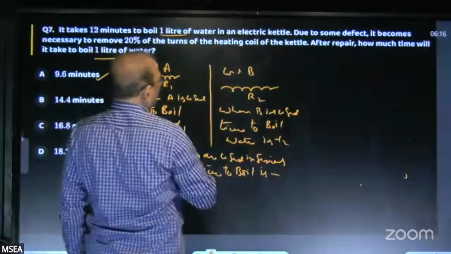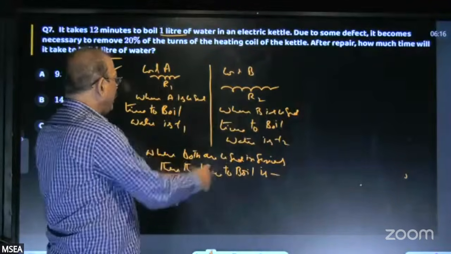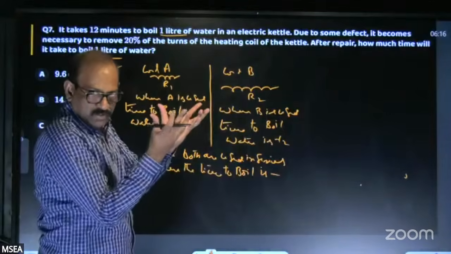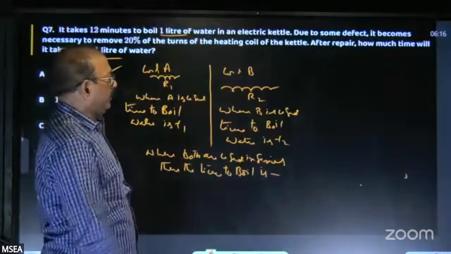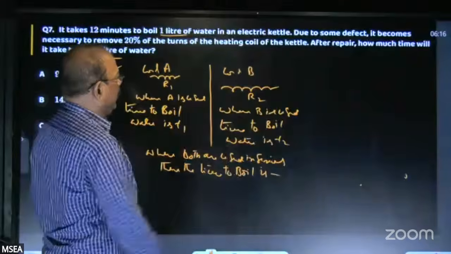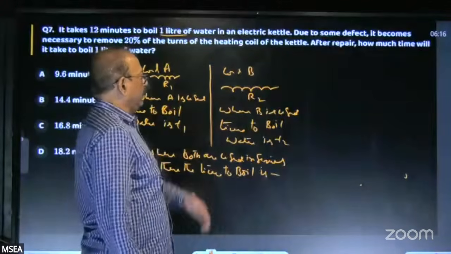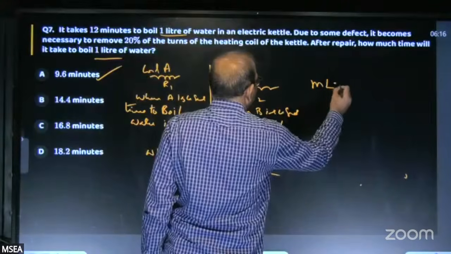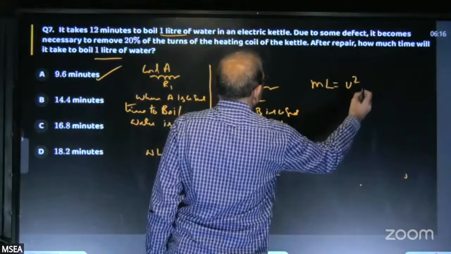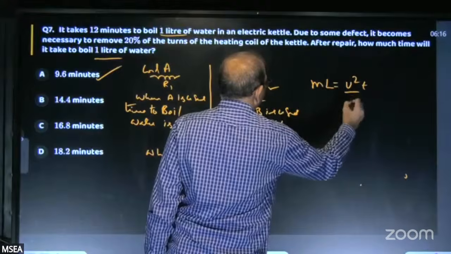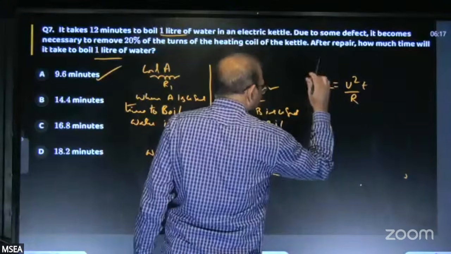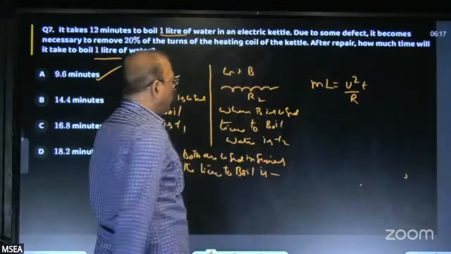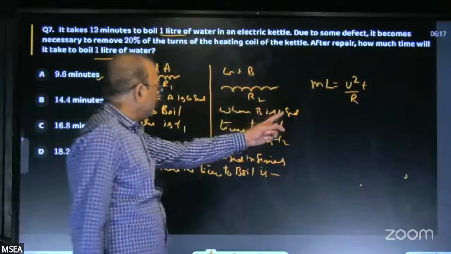When one resistance is R1, next R2, when they are connected in series, R1 plus R2, the effective resistance is changing, voltage is the same. So again, you have to use that only. mL equal to V square into T by R. Here R and T are changing.